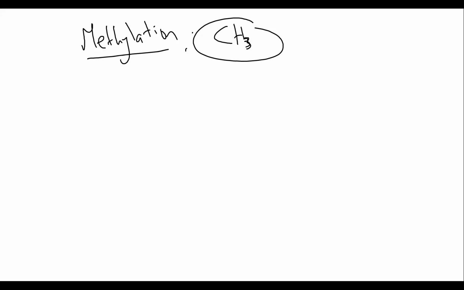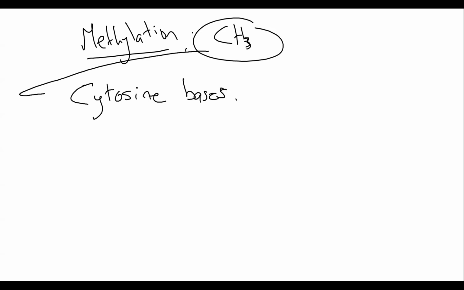Let's speak about it. Cytosine bases, which is the C base, along with guanine, adenine, and thymine. So let's speak about the cytosine base. If we added a methyl group to this cytosine base in the context of CpG dinucleotides.